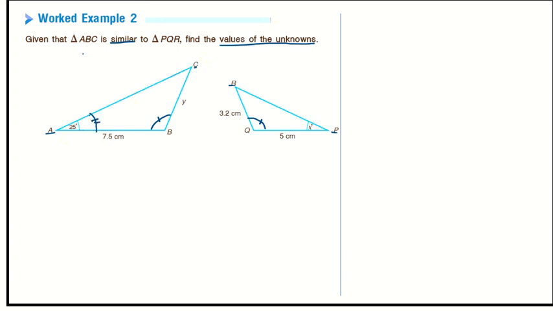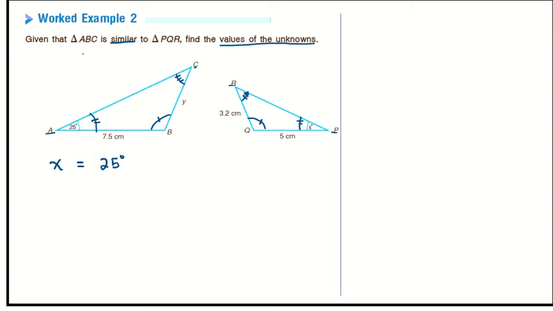So this one will correspond with this one. And then, of course, this angle corresponds with this angle. And for that case, it means that x equals 25 degrees because these are corresponding angles. Okay?